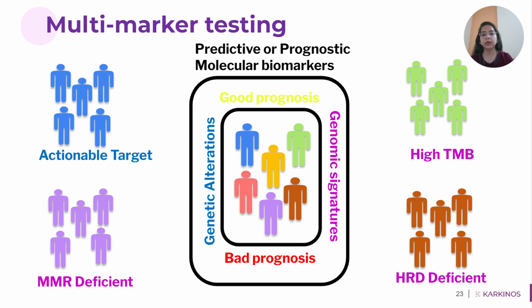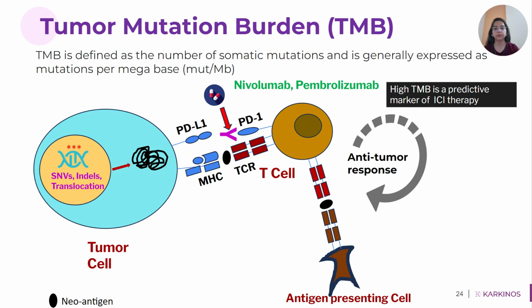Others could have genomic signatures: they could be MMR deficient, they could have high TMB, they could be HRD deficient, and each of these would go for a particular therapy. For example, for MMR deficiency and for high TMB, these patients qualify for immune checkpoint inhibitors, while the patients that show HRD deficiency qualify for PARP inhibitors.